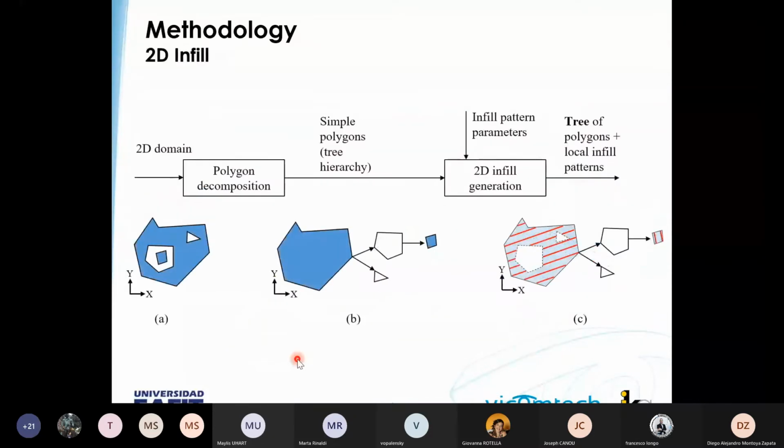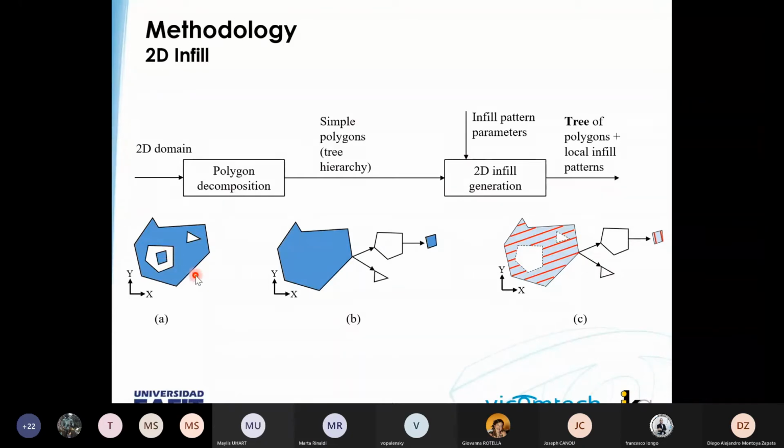A little bit more on the infill generation: we wanted to consider two additional things. The first is that our region could have holes, as in this case. We see that this region has some holes, the white part here and the white part here. And in the holes there may be some additional material, like some islands of material.